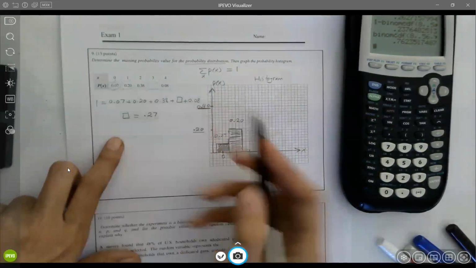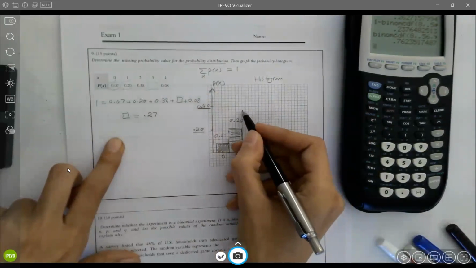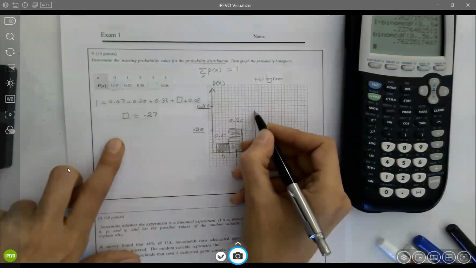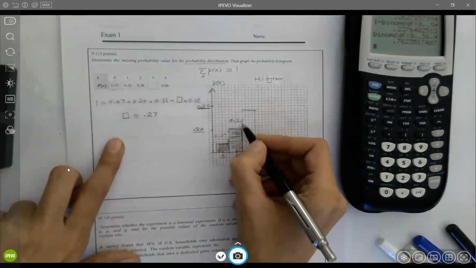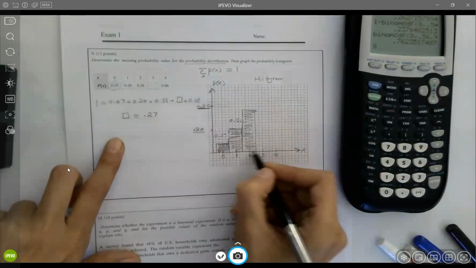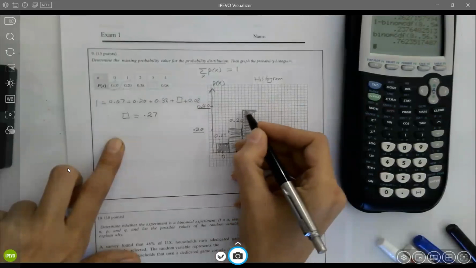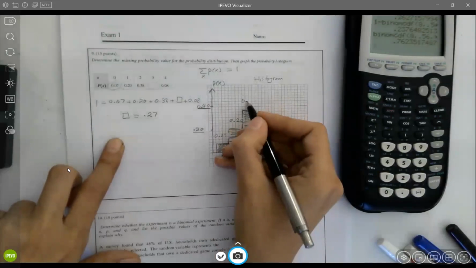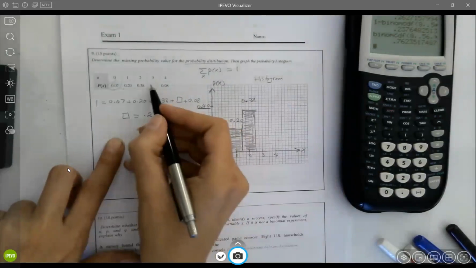Then the next bar, 38%, so we're going to go up until we get to almost 40. This is our third bar, 0.38.